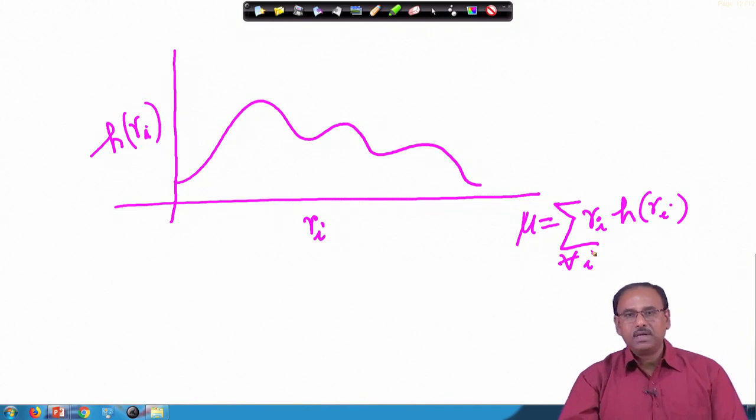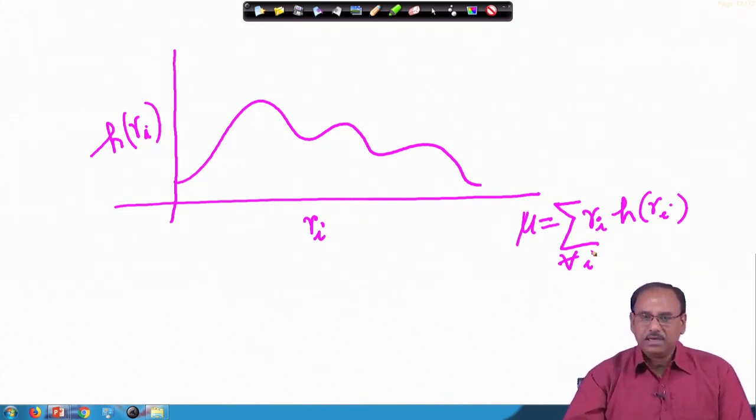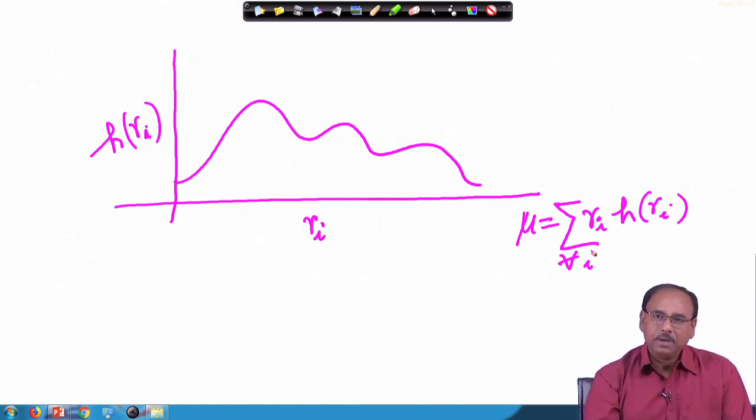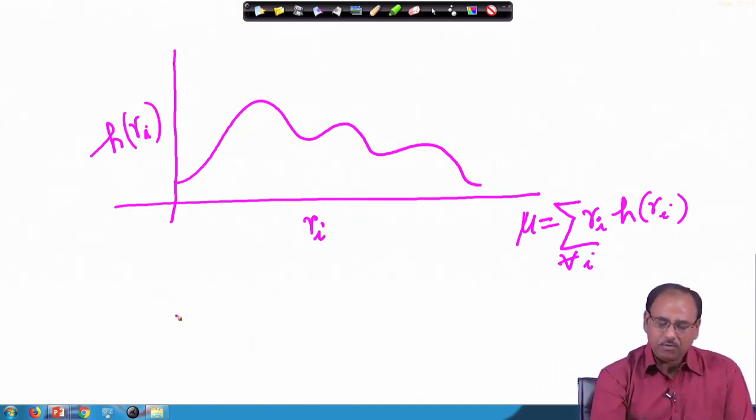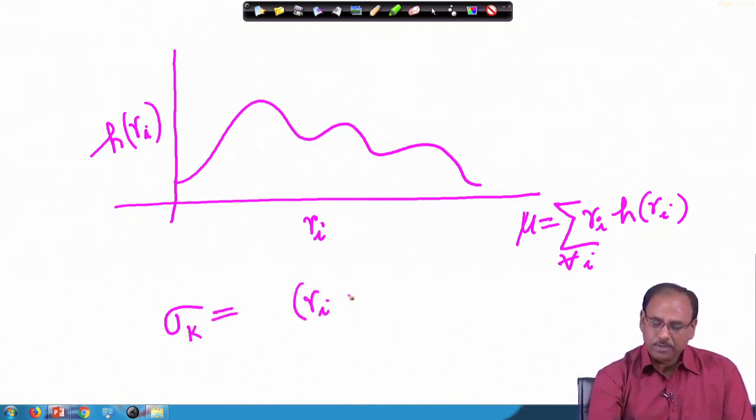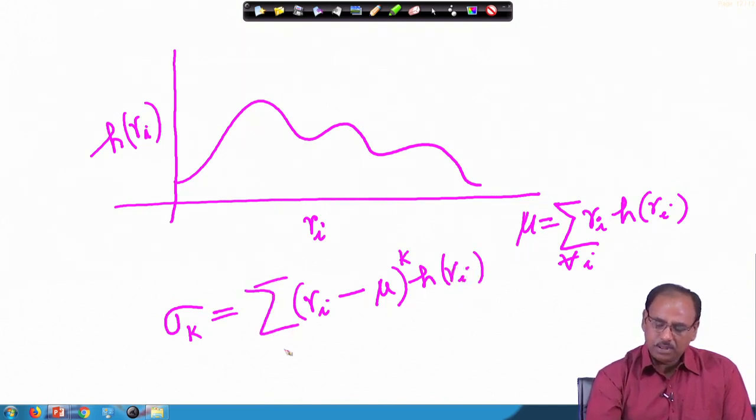That gives you the mean intensity value. Once I have this mean intensity value, I can compute the statistical moment of order k, which I write as sigma_k, given by the summation over all i of (R_I minus mu) to the power k times H(R_I).